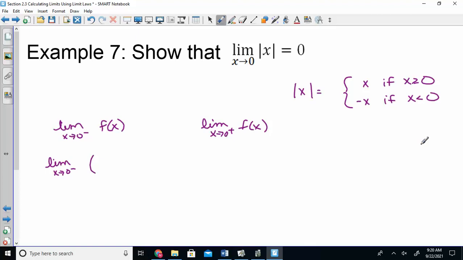So which of these steps are you on, the first or the second? The second. If your x is smaller than 0, then our function is a negative x. Now, can we just plug a 0 in there? That's just a polynomial. It's just like a -1 times x. So we can. So -1 times 0 to the left, you're still approaching 0. And we get 0.